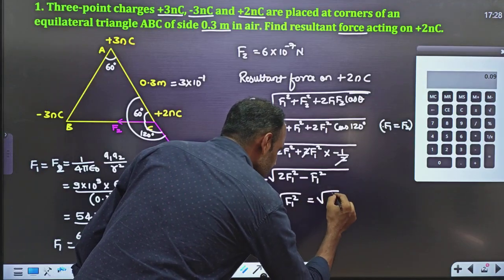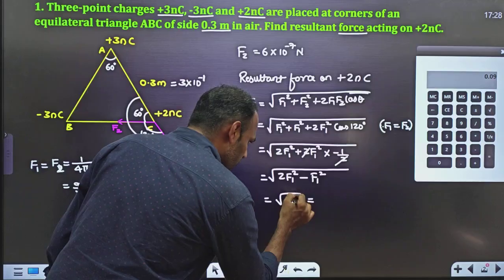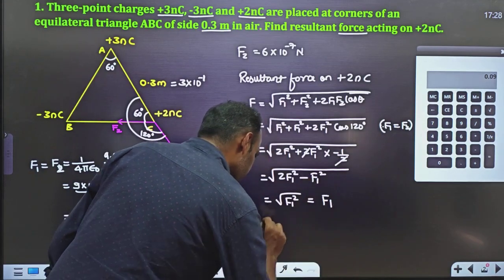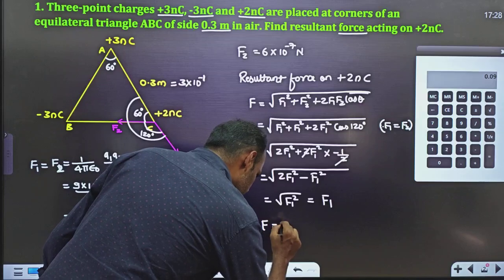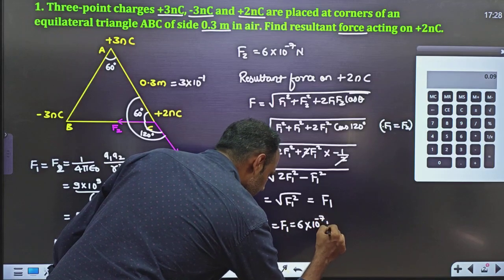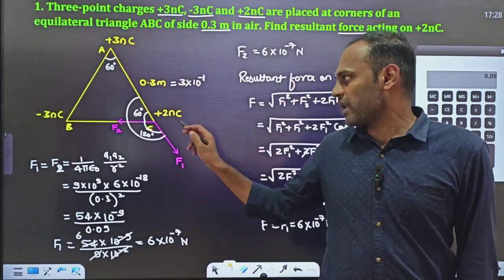Root of F1 square means the square root and square will get cancelled. I will get F1. So finally I got F is equal to F1, which is equal to 6 into 10 to the power minus 7 Newton. So this much will be the force acting on that plus 2 nanocoulomb charge.